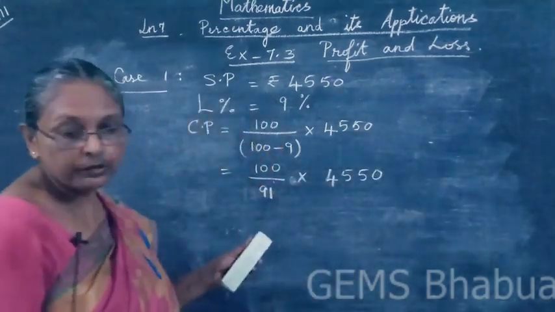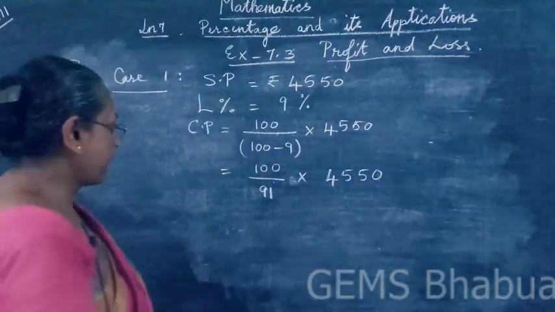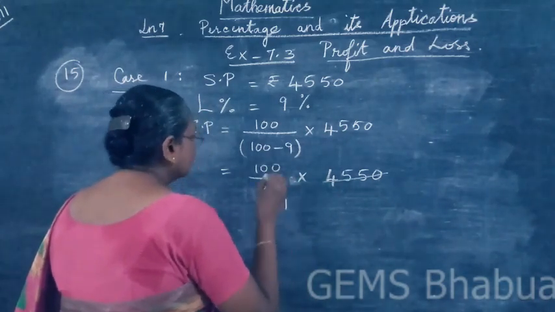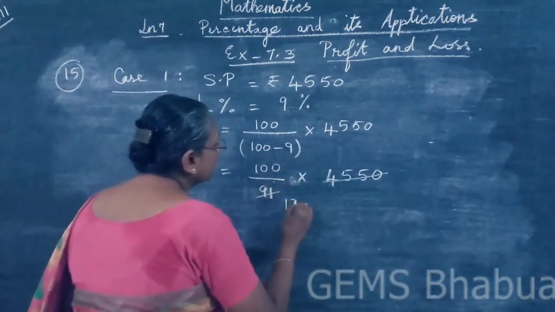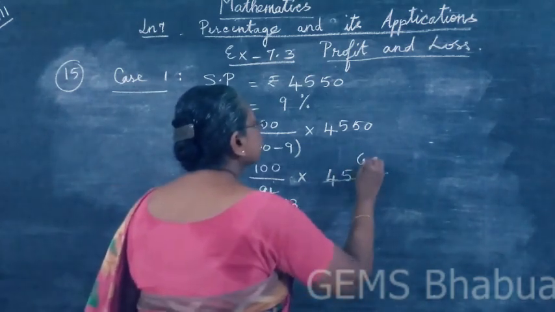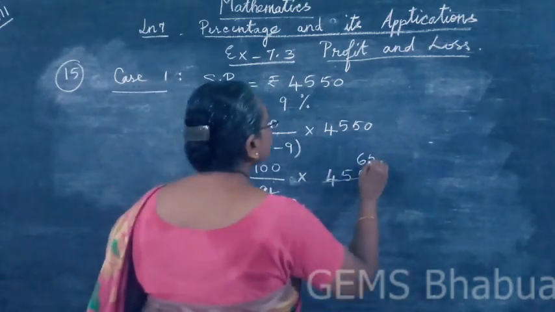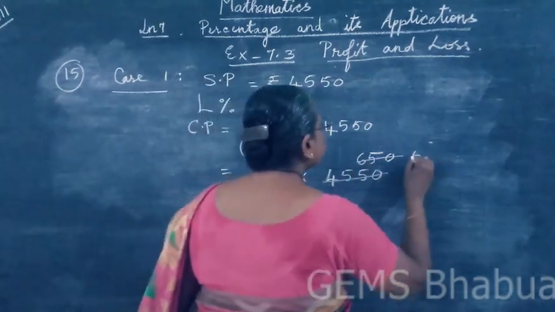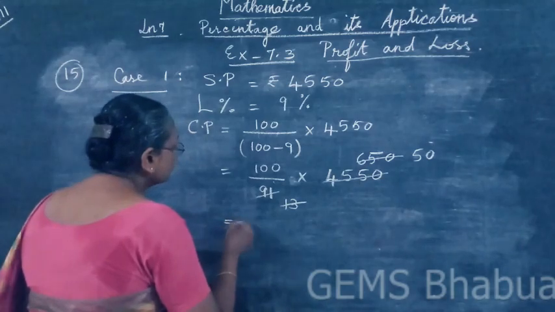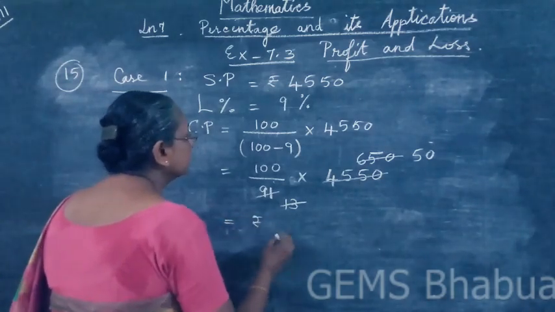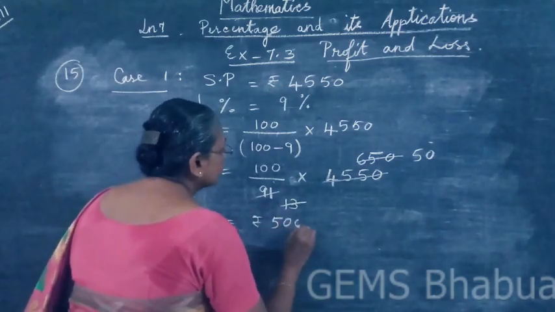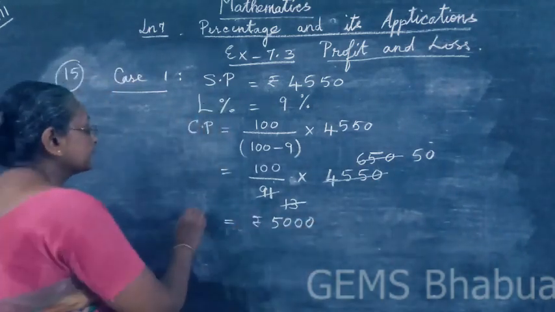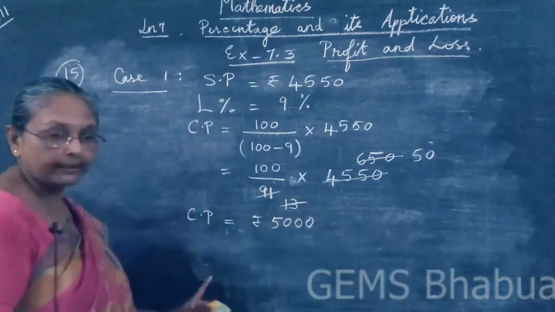Here we can reduce first using 7 tables. 7 one time, and then 21 goes 3 times, and here 7 6 are 42, then 35 goes 5 times, and then another 0. Now 13 you can again cut off, 5 are, and again another 0. So you get the cost price to be rupees 5,000, because 50 into 100 you get rupees 5,000. This is the cost price of the article.